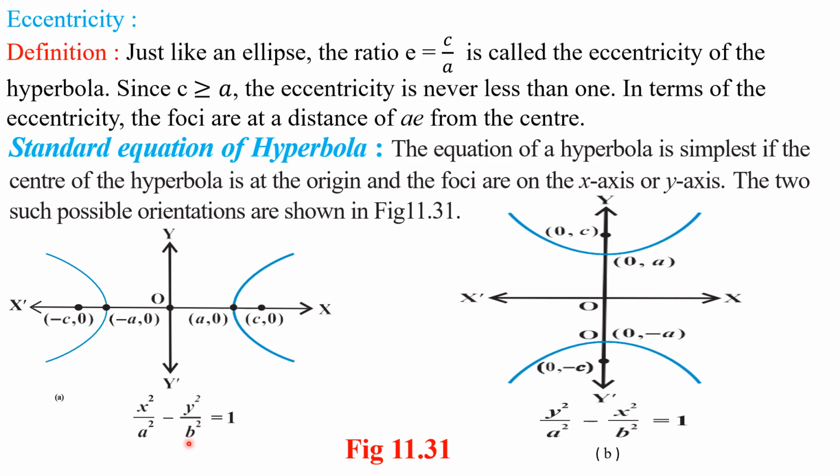These are standard equations of the hyperbolas. In this second case, the coordinates of vertices are 0 comma a, 0 comma minus a, and the coordinates of the foci are 0 comma c, 0 comma minus c. Okay, my children, please remember all these points well, which are very useful in solving the sums in the exercise.